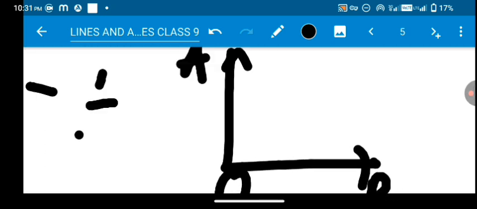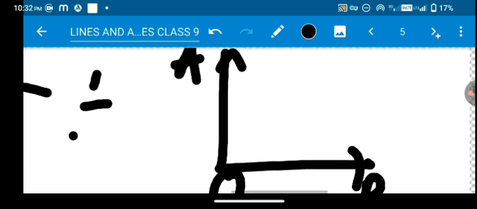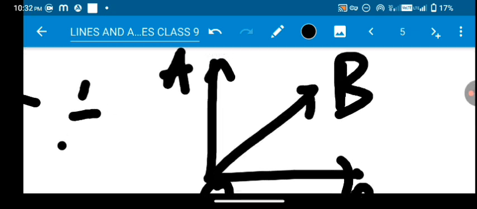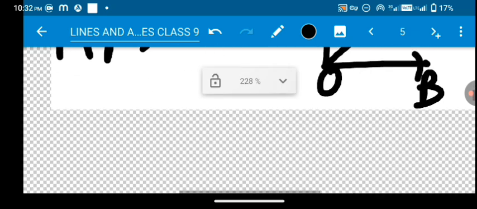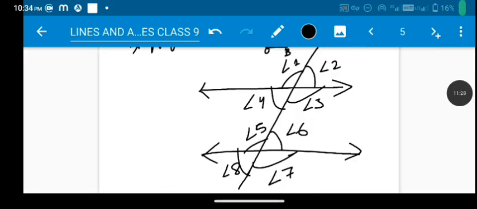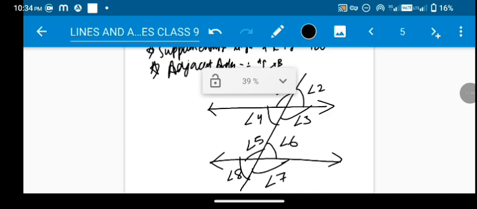Two angles are adjacent if they have a common vertex, a common arm, and the non-common arms are on different sides. So I have made this, and here it forms many pairs of angles.